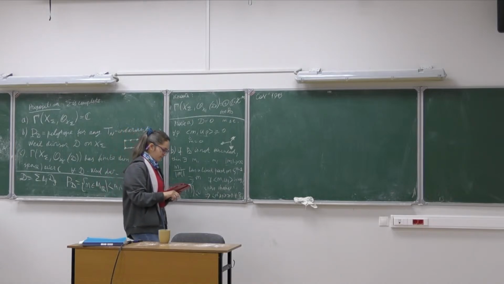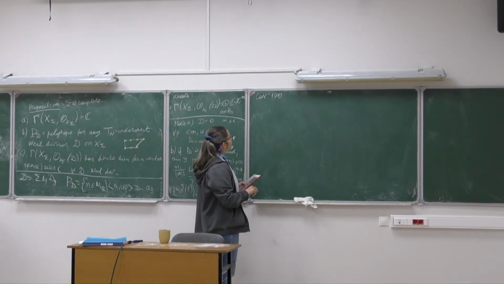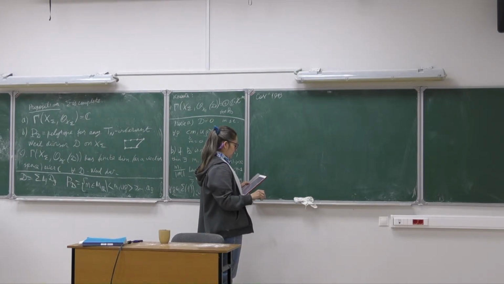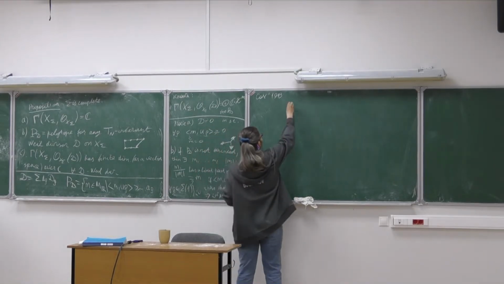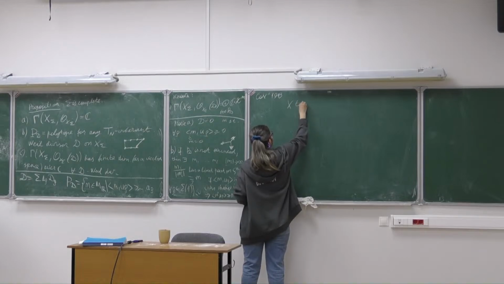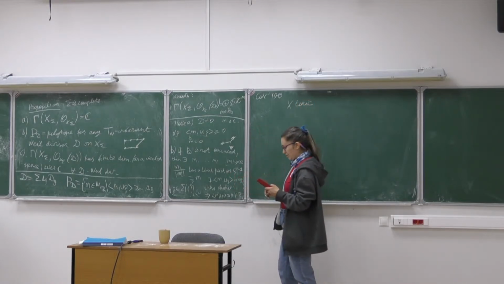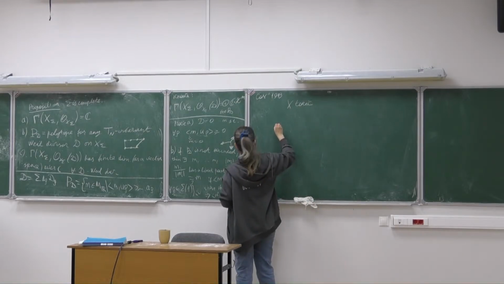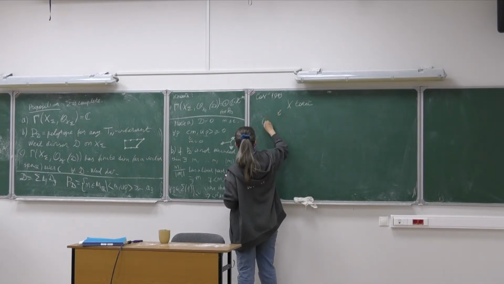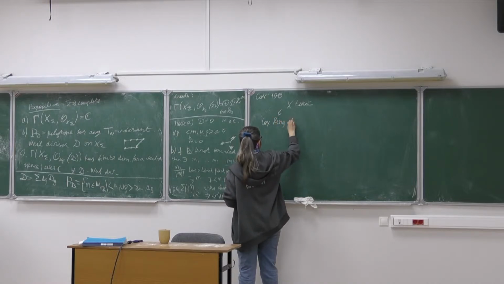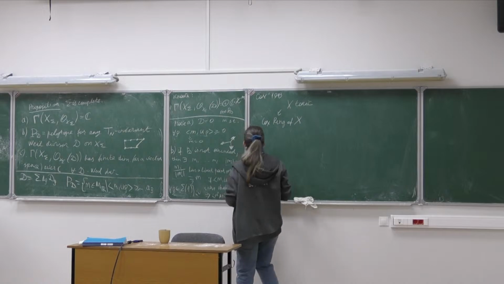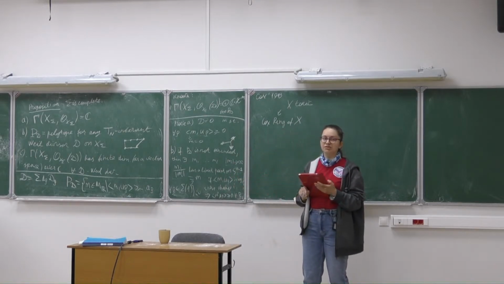So, for any toric variety, we are going to discuss the following objects. First of all, the Cox ring of X. So this is the homogeneous coordinate ring.